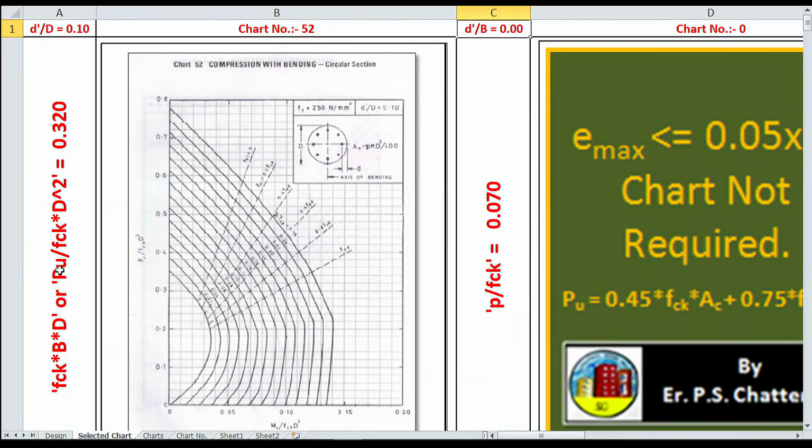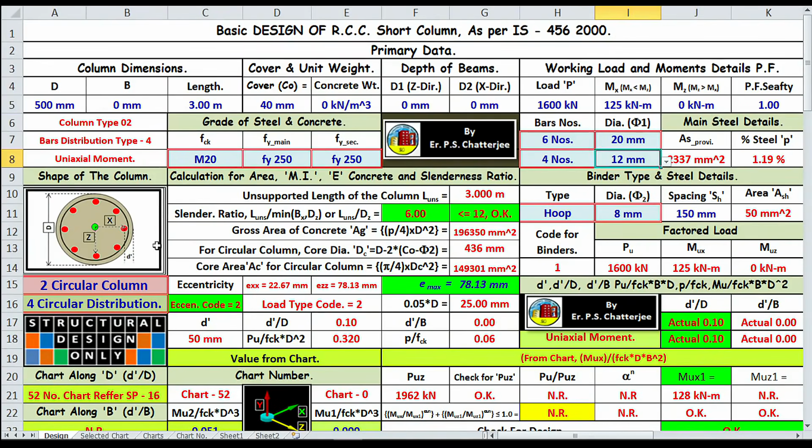Our Pu by fck D square will be 0.32, and p by fck 0.7, this is 0.0246. It is very close to 0.045. So we have to increase a little bit.